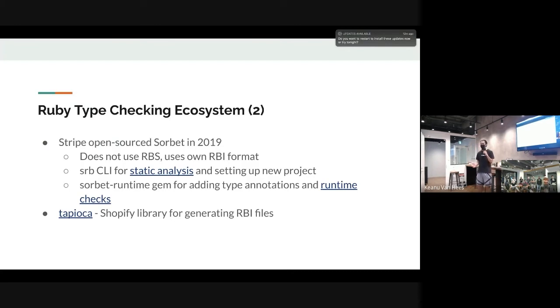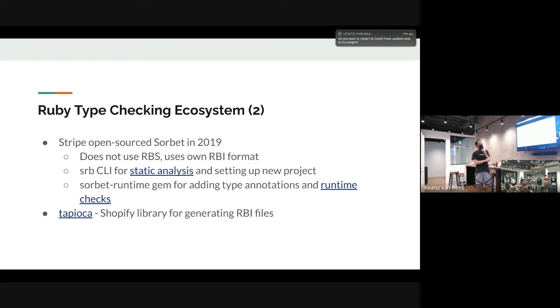It uses its own format called RBI files, and I'll show that in a little bit. It's broken into two key components. One is this CLI tool that is responsible for performing the static analysis, and is also a convenient way to set up an existing project or a new project for Sorbet.